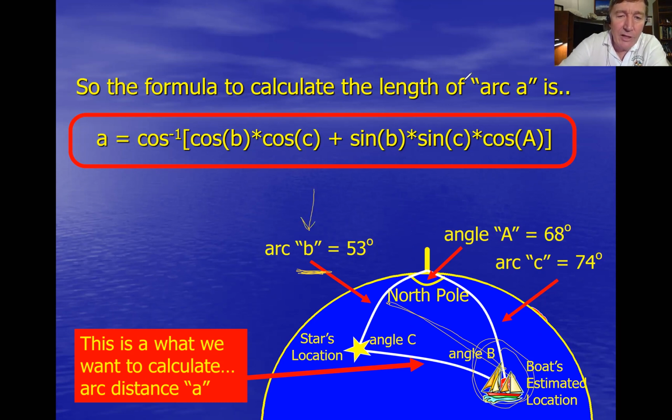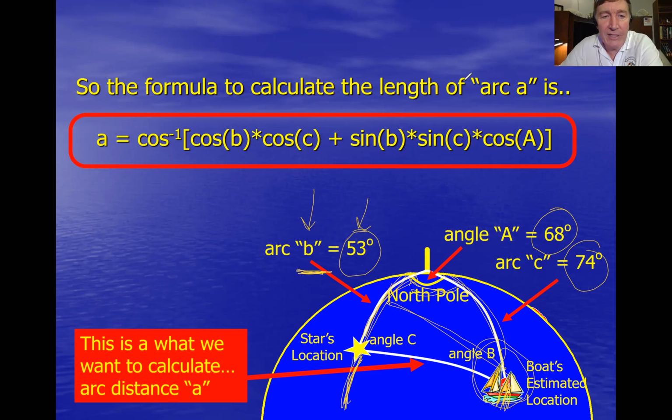Side b is going to be 53 degrees long, which I realize sounds a little weird, talking about the length of something in degrees, but if you're drawing it on the globe, it makes sense. If the star's latitude was 37, then this part of our triangle is 53. If the boat's latitude was 16, then do 90 minus it, so this length of the triangle is 74. Then the angle in between them is the star's GP minus our GP, which works out to be 68.